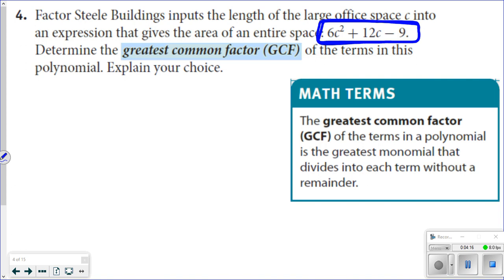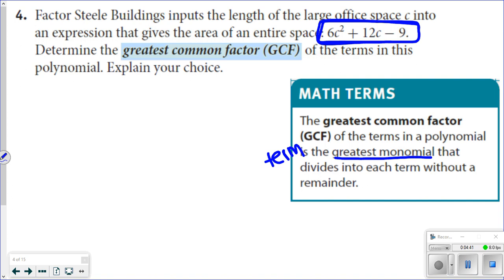The greatest common factor is the greatest monomial, or the greatest term, or the largest, biggest number that goes into each of these terms without a remainder, without anything left over. So I don't want a fraction, I don't want a decimal. I just want a whole number.